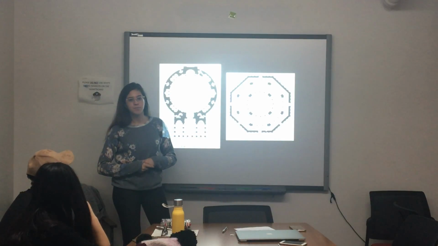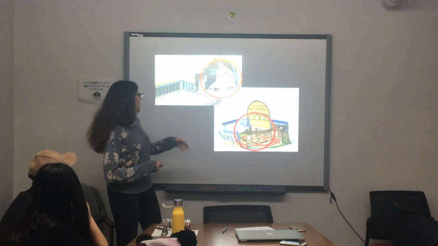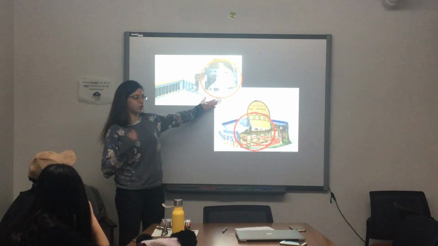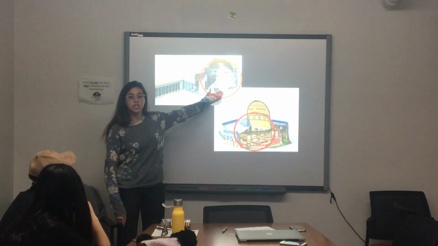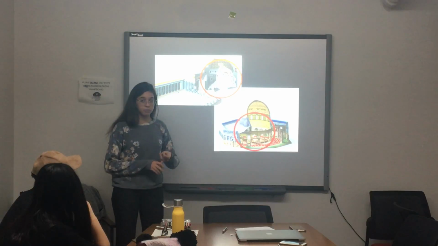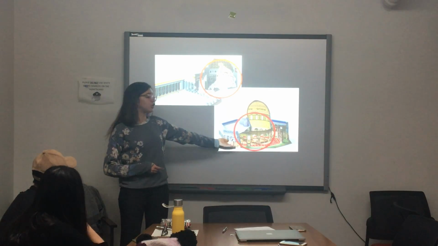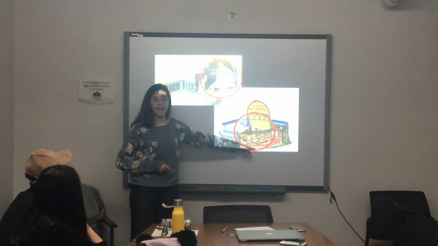Next, please. Another important part is that here in the Pantheon, it is a freestanding dome. So there are no columns, no walls that are supporting the dome. However, the Dome of the Rock is being supported by open arcades.